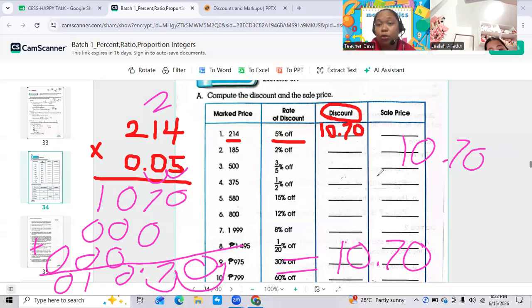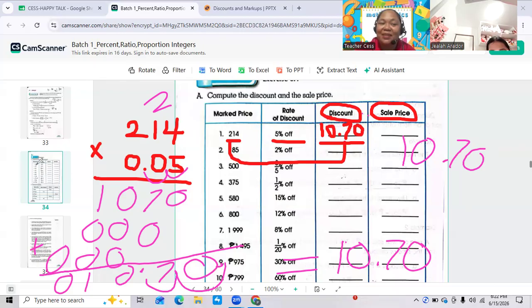10.70 is the discount amount you can get if you will multiply 5% to 214. Now the question is how much is the sale price or the selling price? Meaning you will subtract the discount 10.70 from the original price 214.